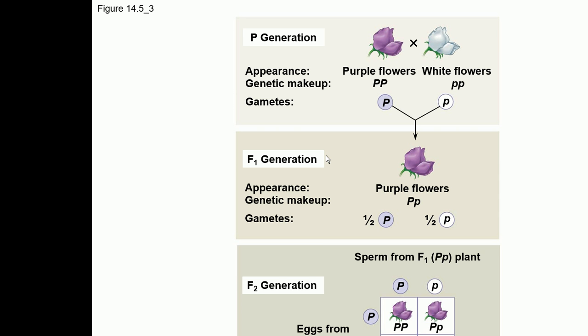And because they got separated during meiosis, that is why in the F2 generation, the white color comes back. It did not get mixed up. It did not get blended with the purple alleles. It got separated, and that is why in the F2 generation, when both alleles were small p, this color showed up. So this is the law of segregation.